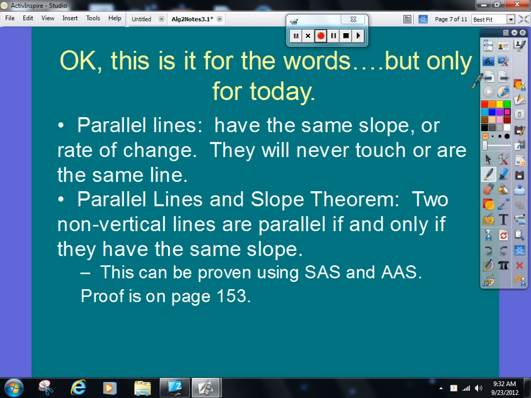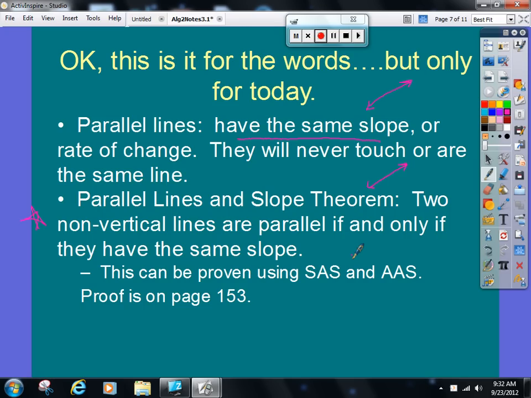Alright, this is it for the words for today. Parallel lines. You talked about this in geometry. They have the same slope. It is very important. They are a translation of each other. So if I have a line here, a parallel line could be down here. I know they are parallel only if they have the same slope or the same rate of change. They will never touch because that rate of change is the same, so they will not intersect. This theorem is basically saying if you know lines are parallel, then you know their slopes are the same.